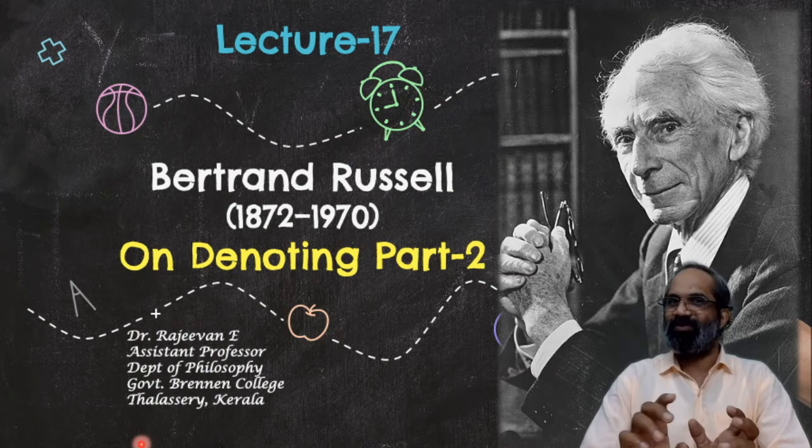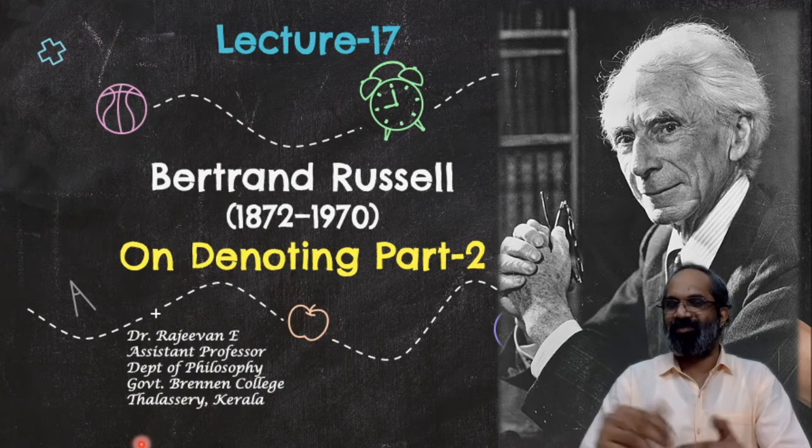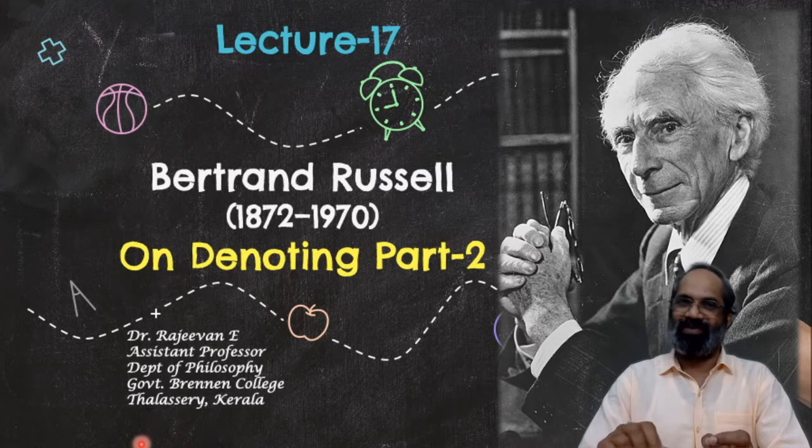So there is a difference between what is given apparently, the surface grammar, and the meaning deep inside, the depth grammar. Russell and many of the philosophers of ideal language believe that digging out the depth grammar will solve the philosophical puzzles related to language.